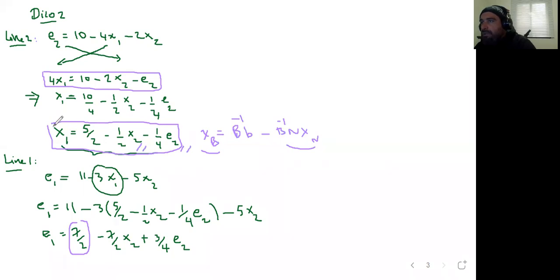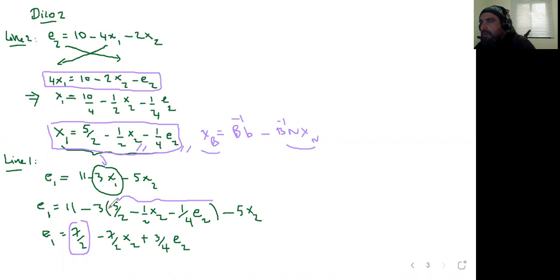Got it? Now, since I have a new expression for x1, I took line 1 and substituted x1 with this new expression. That's why I opened this bracket instead of writing x1. It is 5/2 minus half of x2 minus 1/4 e2. And I did the math now.